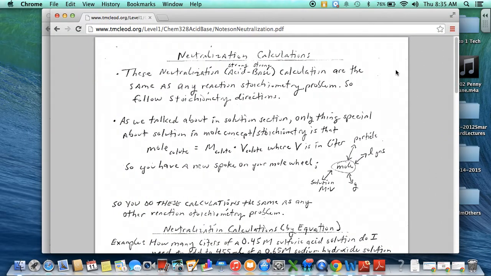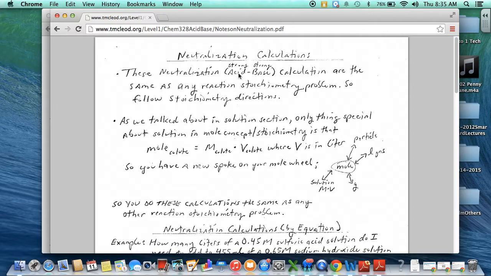Here's an example. Now, it's basically the same as the video we watched in solution chemistry when we looked at solutions. Remembering that in the mole wheel with the introduction of solutions, we have molarity times volume will give us the moles. So it's the same exact thing.